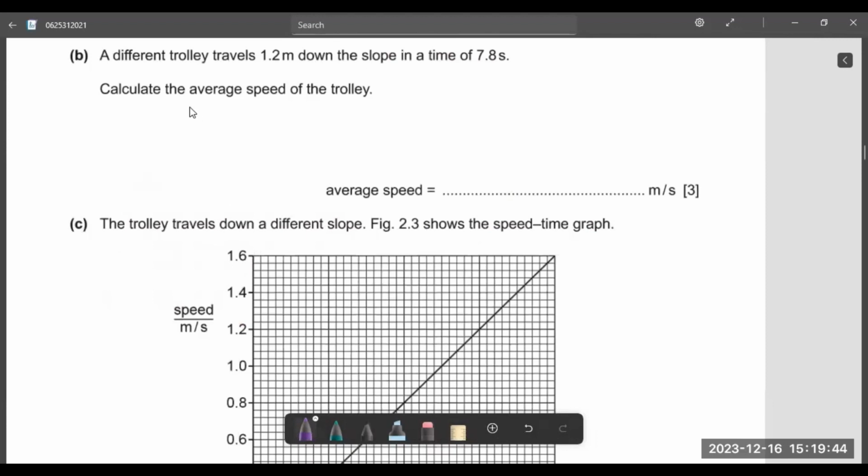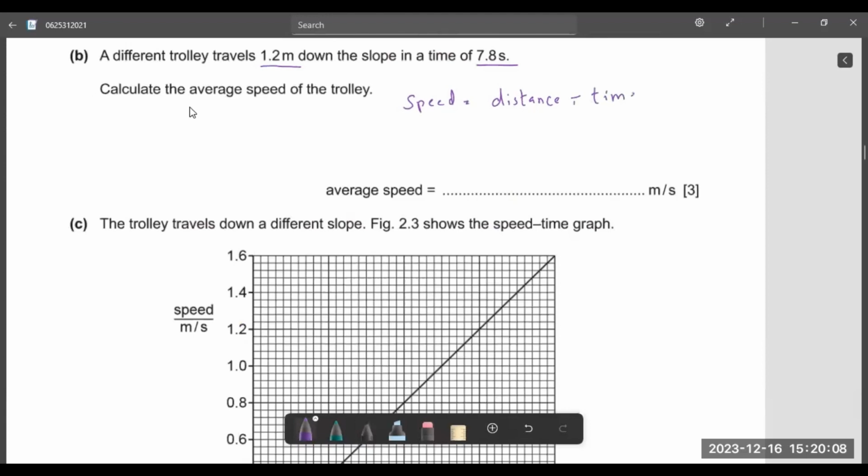Next, a different trolley travels 1.2 meter down the slope in a time of 7.8 seconds. Calculate the average speed of the trolley. So speed can be written as distance divided by time.